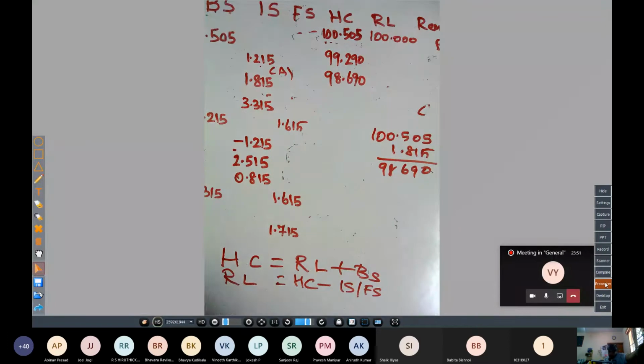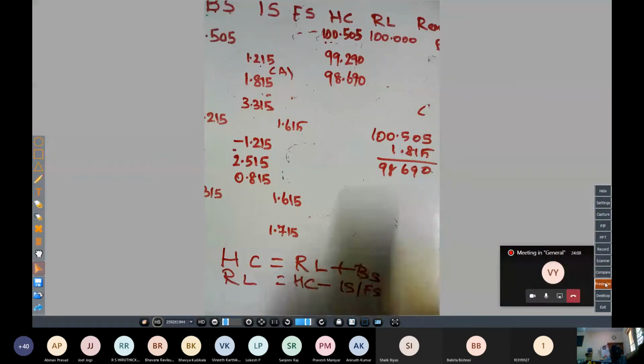You get it? How did I get it? 100.505 is the height of collimation. Then 1.815 I am reading at point B. So 100.505 minus 1.815, the scale reading, I get 98.690.